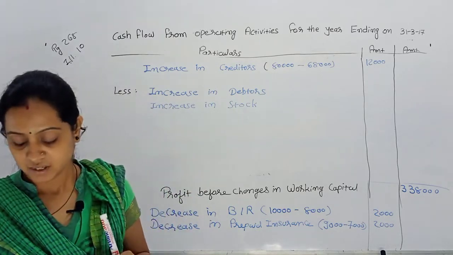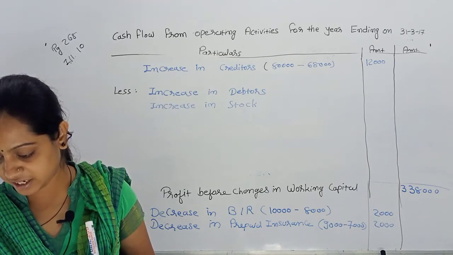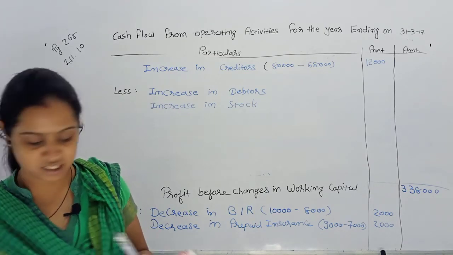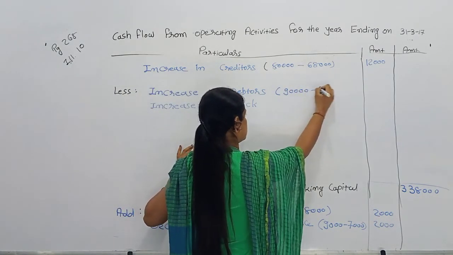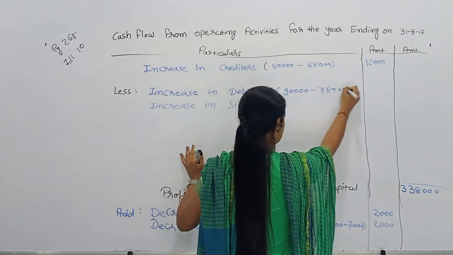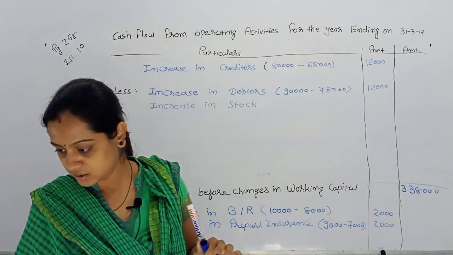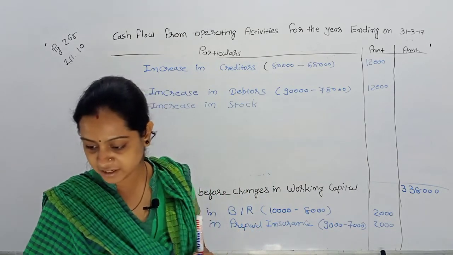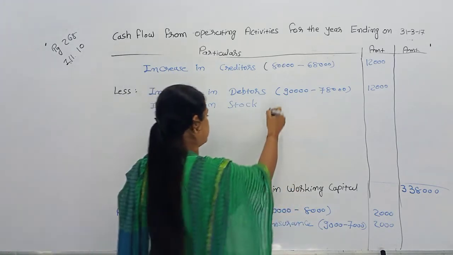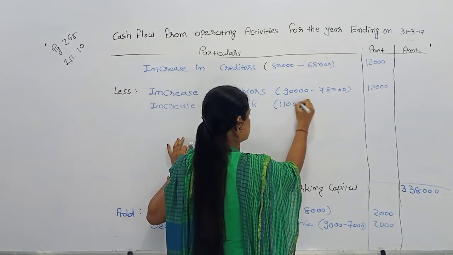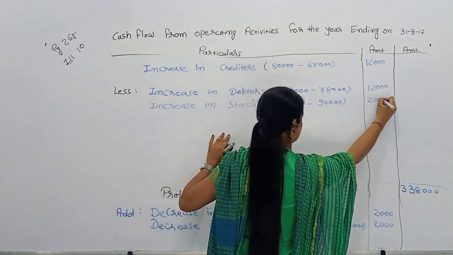Okay? So in the beginning debtors amount was 78,000, and at the end of the year it becomes 90,000. So 90,000 minus 78,000, our answer will be 12,000. And in stock, at the end of the year it was 1,10,000, and at the beginning of the year 90,000. 1,10,000 minus 90,000, difference will be 20,000.